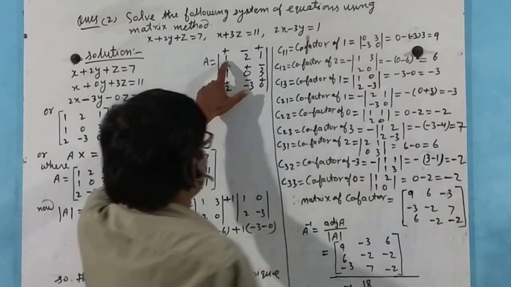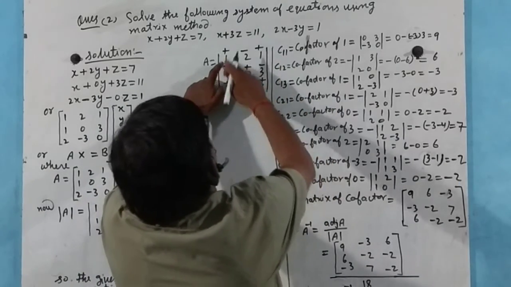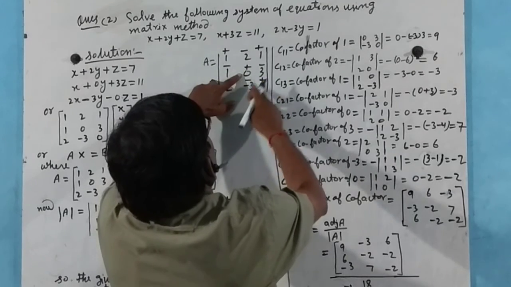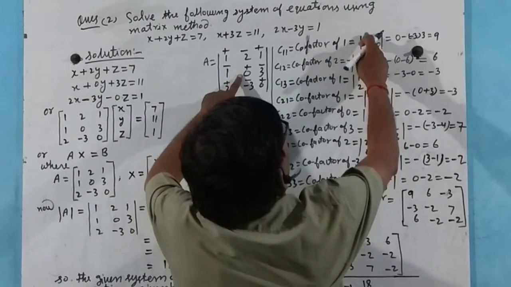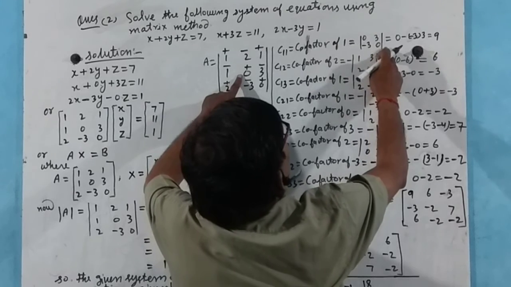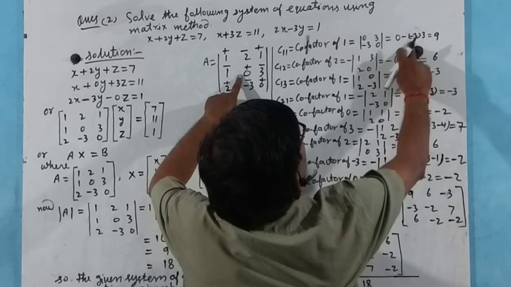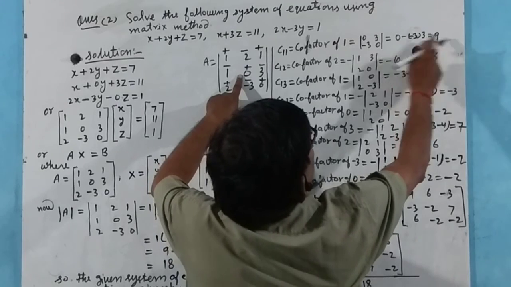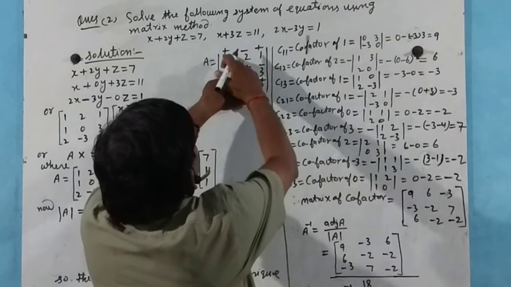C11: deleting this row and column, 0 3 and minus 3 0, multiply: 0 minus minus 9, that is plus 9.